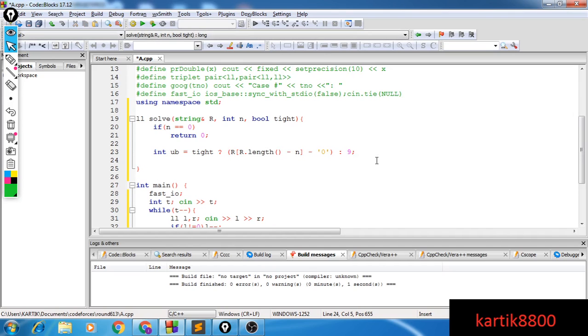Now you'll try putting all these positions, and meanwhile see what is the overall contribution you are getting to the total. So let me initialize the total to 0. Now let's try putting every digit at the leftmost position from 0 till UB.